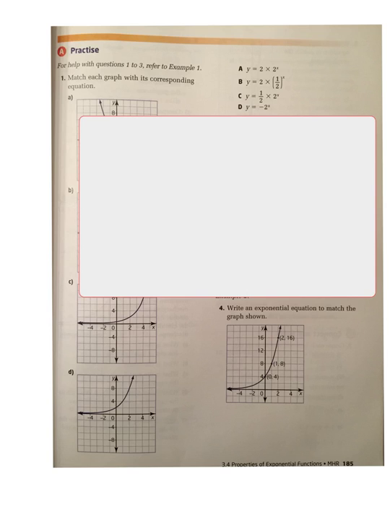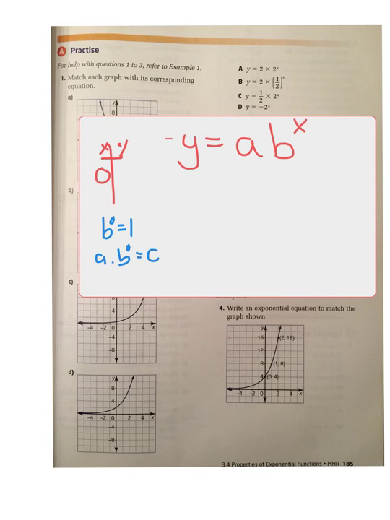So we know the graph here has the points 0, 4, 1, 8, and 2, 16, and we're looking to fill in the equation y equals a b to the power x. If we were to substitute x equals 0 into this equation here, if x was 0, b to the 0 is equal to 1, and then a times b to the 0 would equal a.